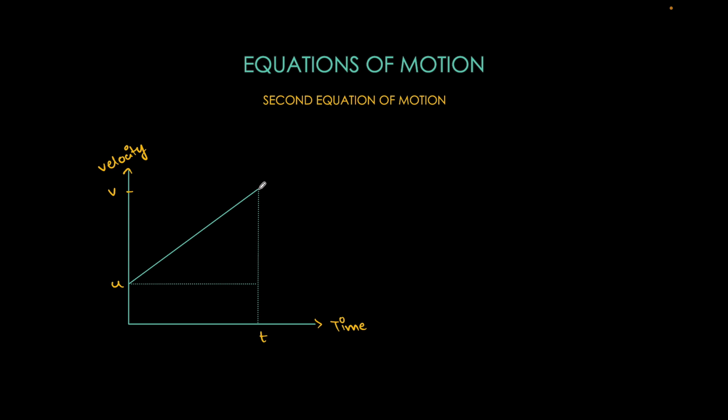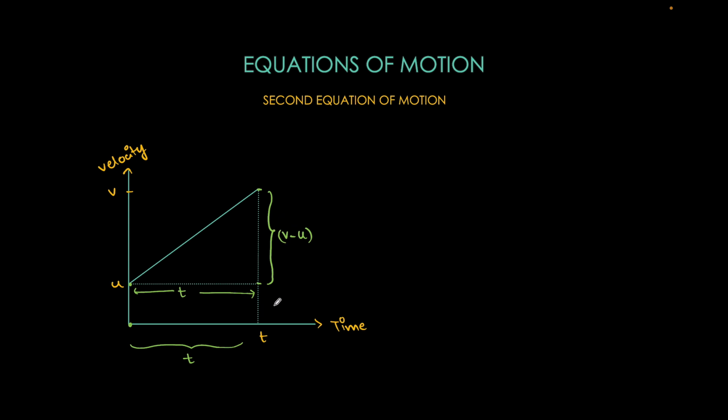So let's say if this point is v and this point is u, then this entire length will be what? V minus u, right? And let's consider the x-axis only. If this is 0 and this is t, then this entire length is t, and so this length will also be equal to t, right?